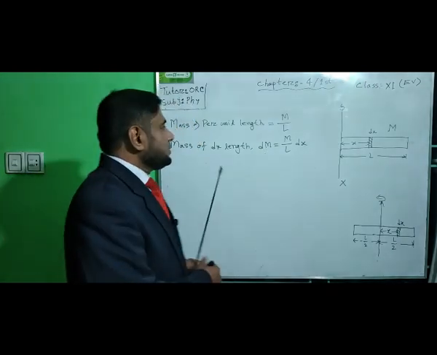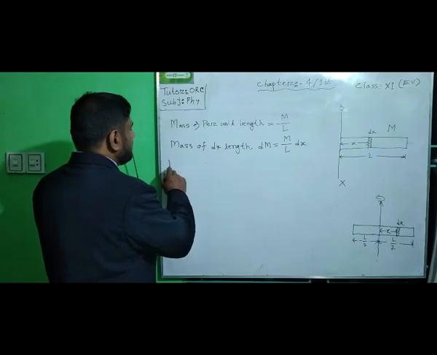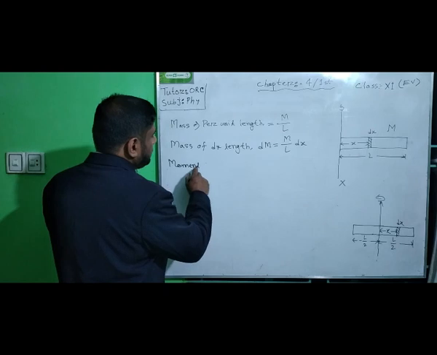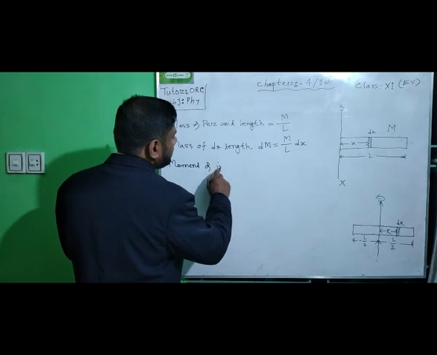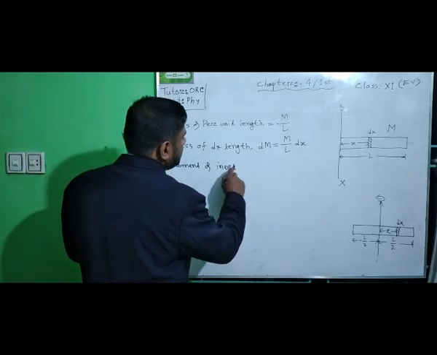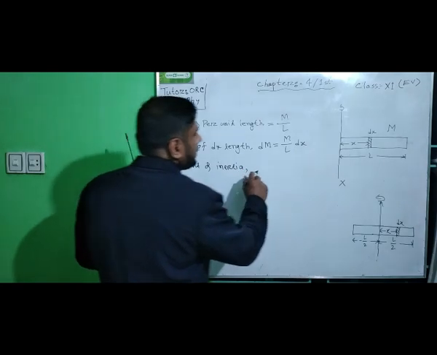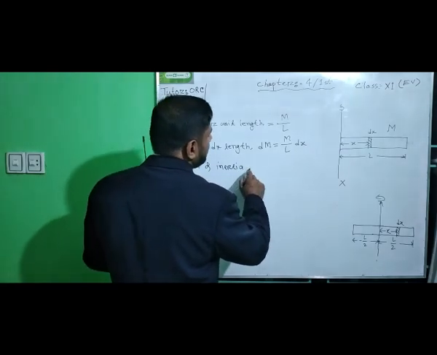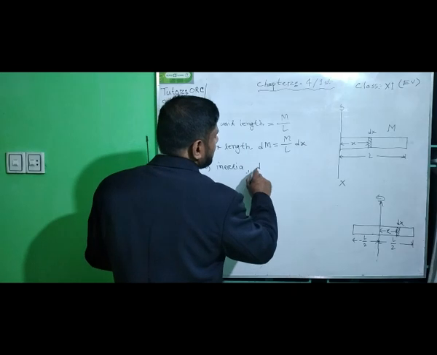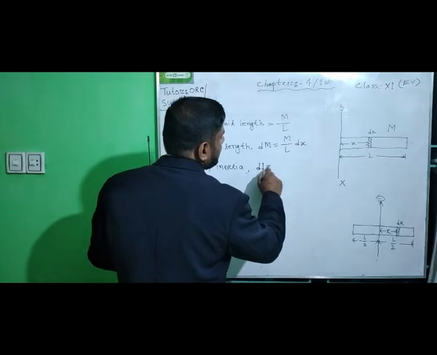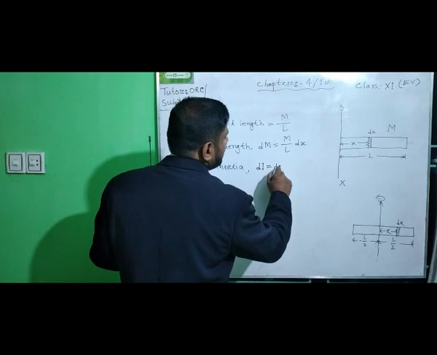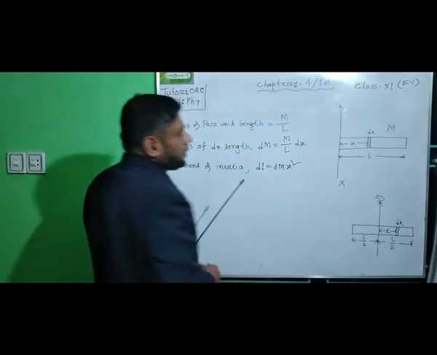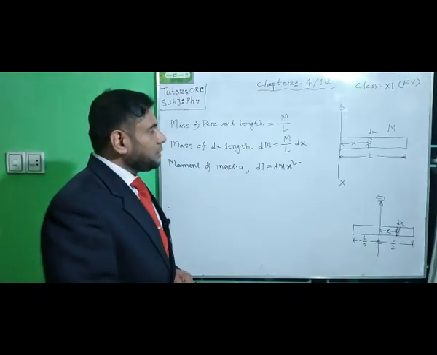So the moment of inertia of dx length will be, suppose dI equal to dm into x square, according to the equation of moment of inertia.